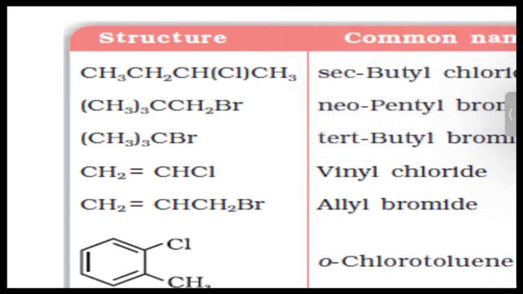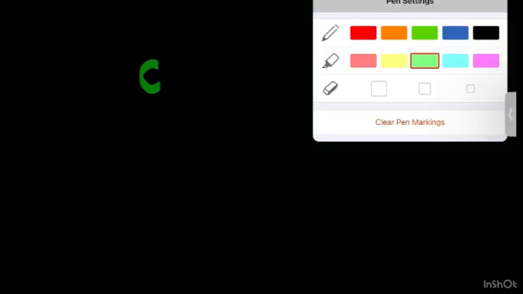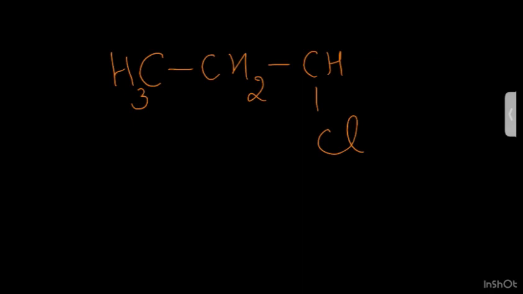So it will be written as CH3, CH2, CH with Cl attached to it and another CH3. So when you write like this, it automatically becomes very easy to write the IUPAC name. Now you can start numbering.